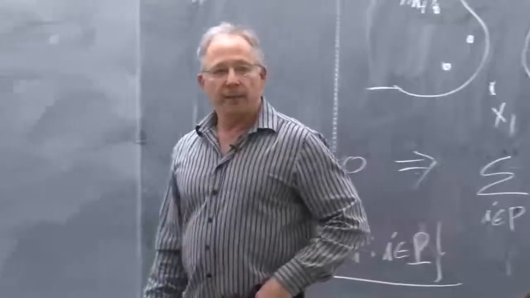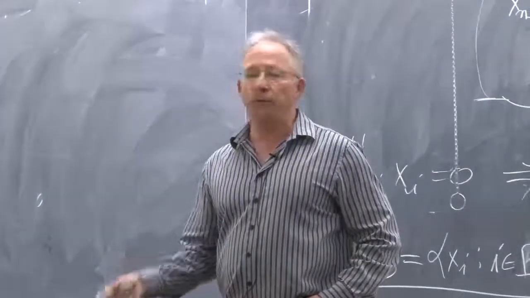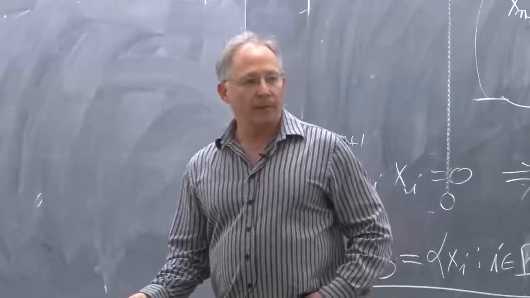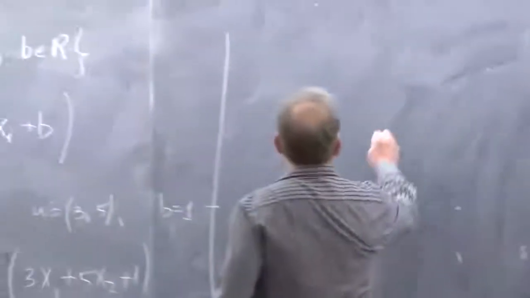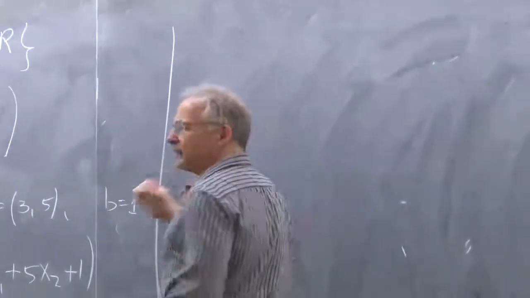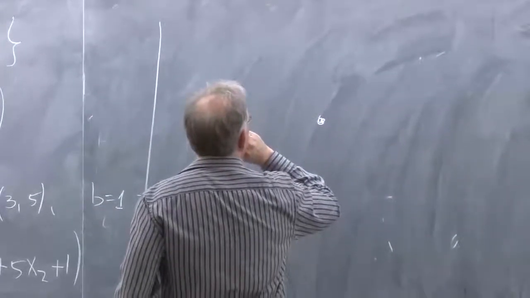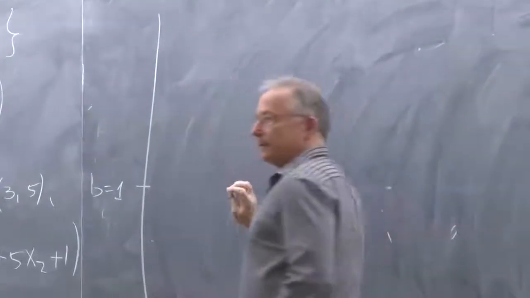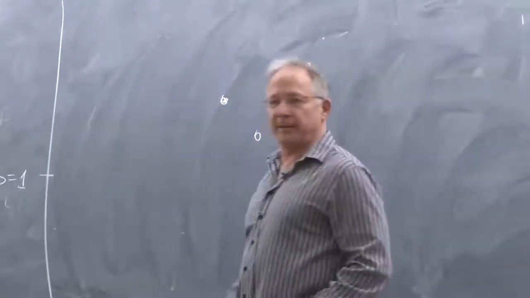OK? Now, I wanted to give you a geometric interpretation of what we did. So the geometric interpretation is a very nice lemma. Let us think, for example, let's consider 4 points in the plane.